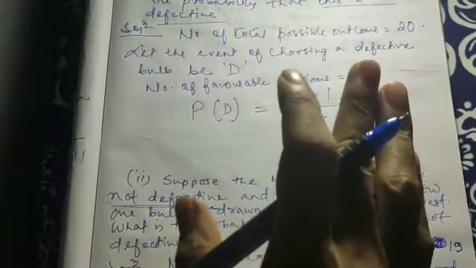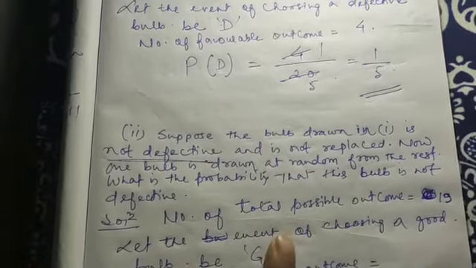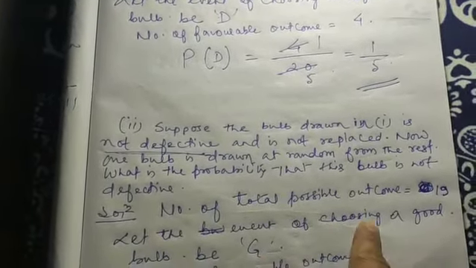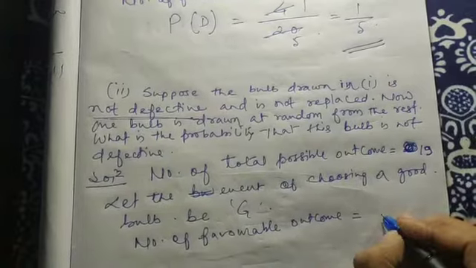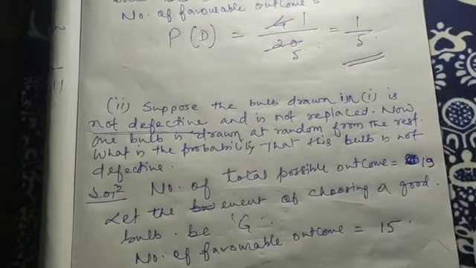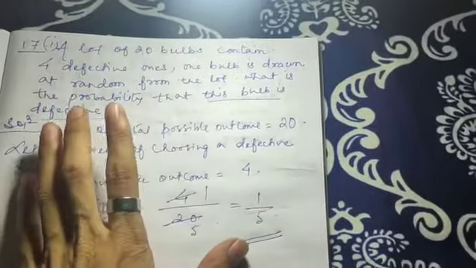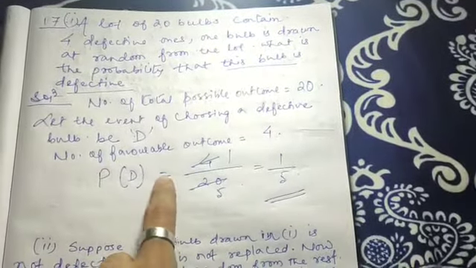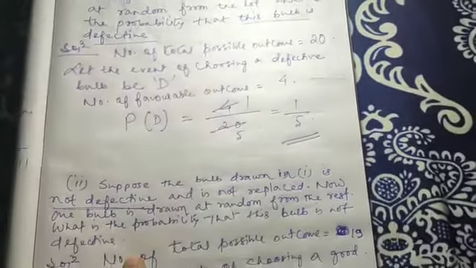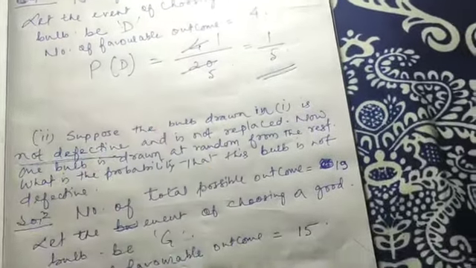So among those 16 good bulbs, 1 is already taken out. So how many good bulbs are there now? 15 good bulbs, and we are trying to choose a good bulb only here. So the number of favorable outcomes will be 15. I hope it is clear. Total it is 20 bulbs, 4 defective, so 16 good bulbs. Out of those 16, 1 bulb has been taken out in number 1, which was a good one, and I have not replaced it back; I have given it to someone else.